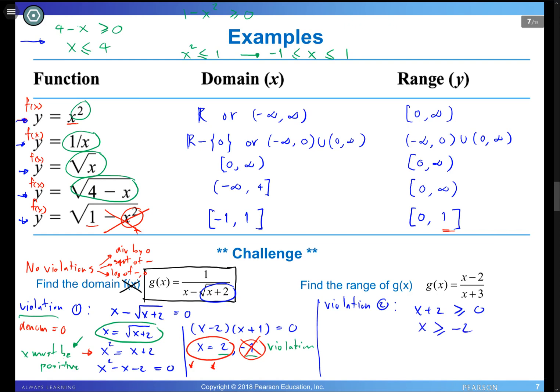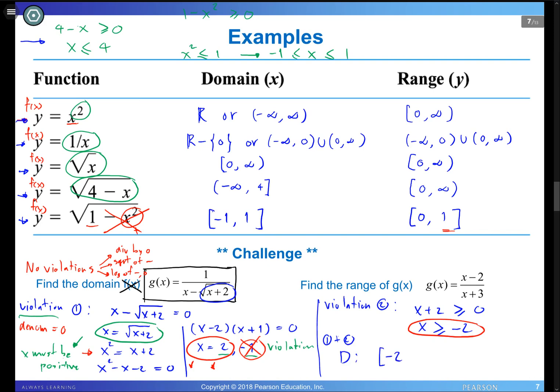Now we have this second condition from the second violation: x must be greater than or equal to minus 2. And from the first violation, x can be anything except 2. So let's combine them together. From number 2, the domain set, x can be anything greater than or equal to minus 2 and it can go to infinity.